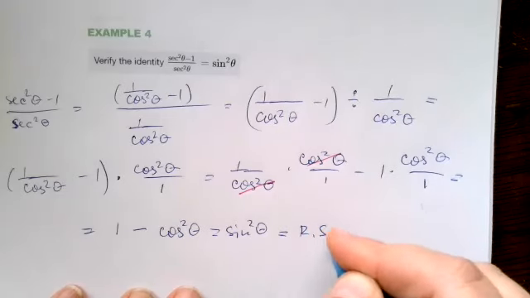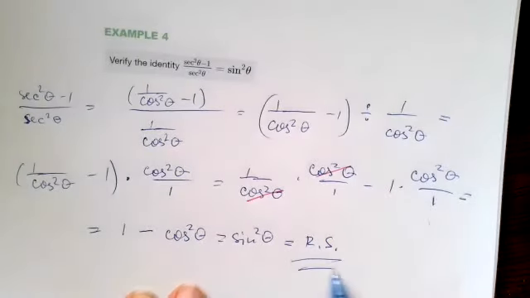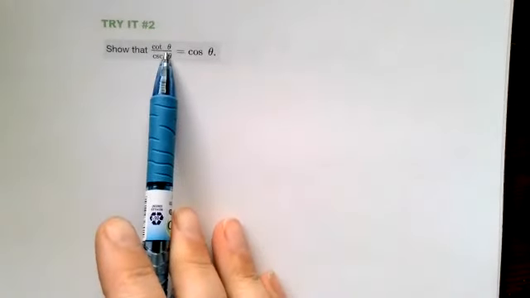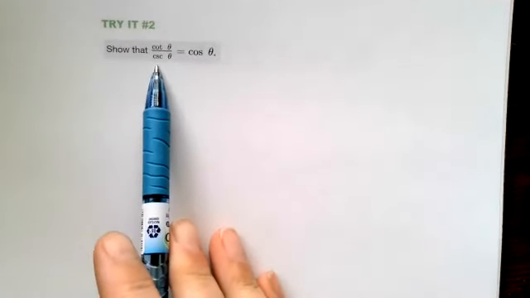So we are done. Now, I want you to stop the video here and try to simplify to prove this identity: cotangent theta divided by cosecant theta equals cosine theta. And I'm going to see you in the next video.